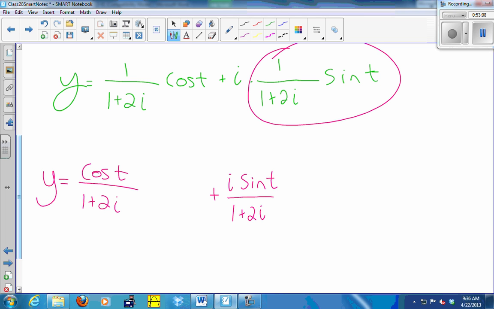Okay, so I want to make this look like a plus bi. I want to put it in the form of a standard complex number so that I can grab the imaginary part. So when you divide complex numbers, multiply the top and bottom by the conjugate.